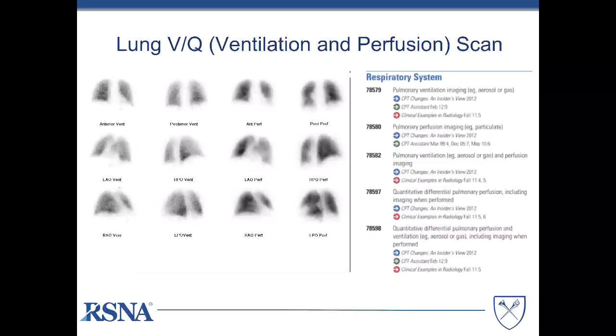So for a VQ scan for both ventilation and perfusion, in order to diagnose pulmonary embolism, code 78582 would be reported. However, for a quantitative perfusion scan, such as in patients undergoing preoperative assessment for pneumonectomy or lung transplantation, code 78597 would be reported.